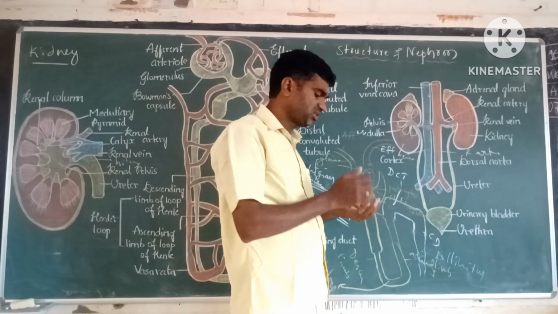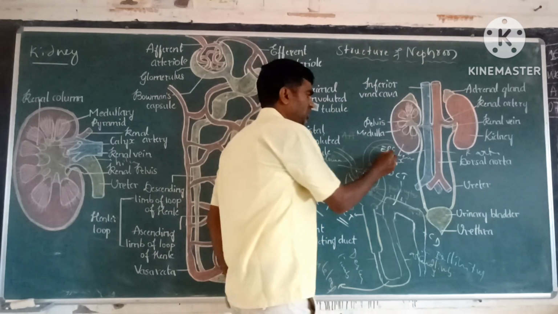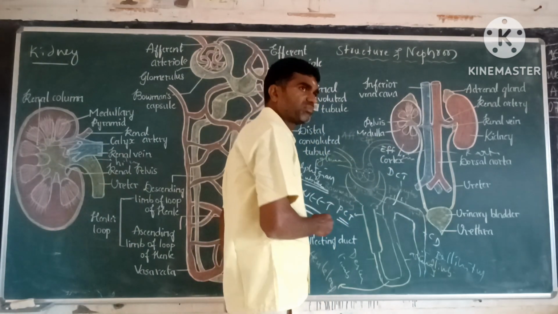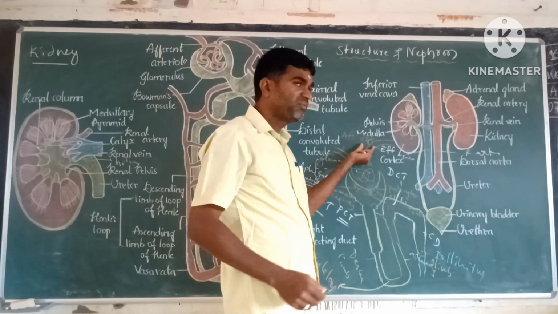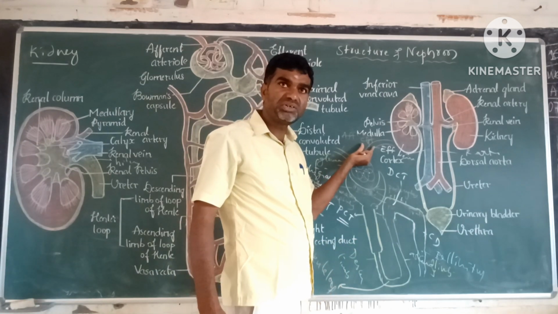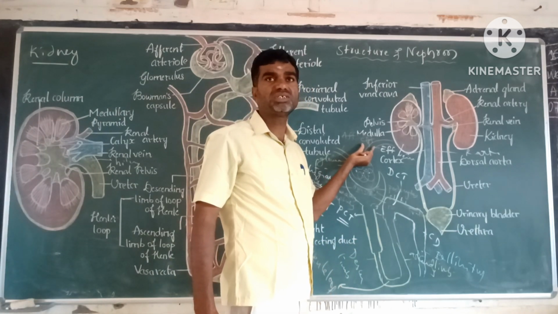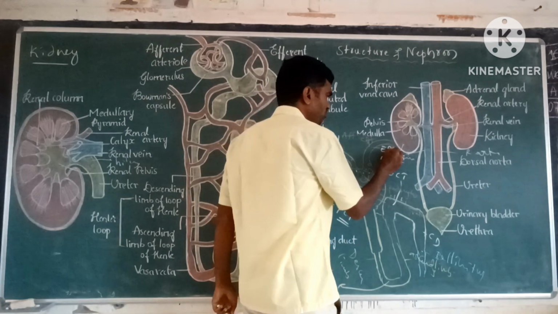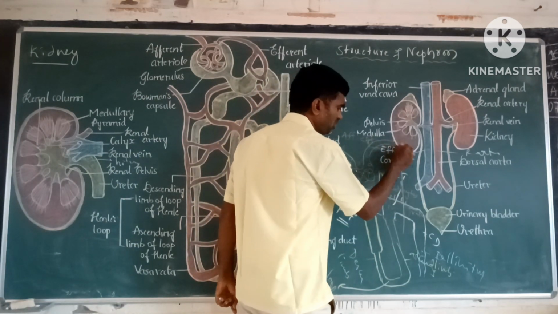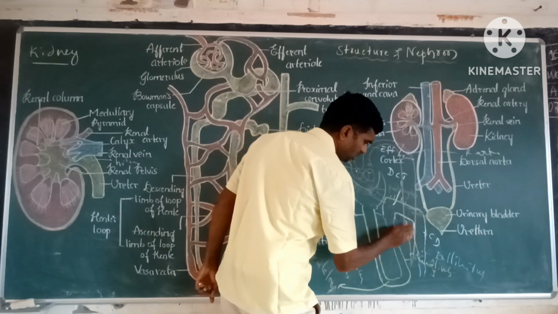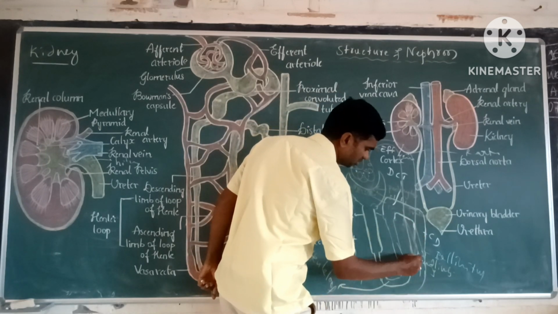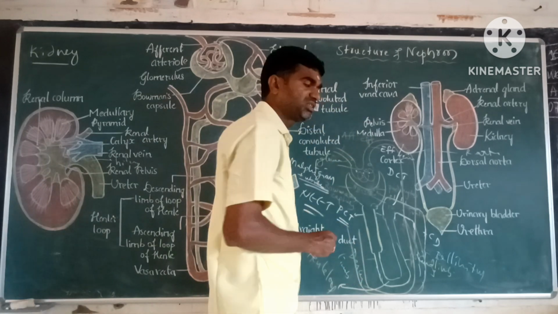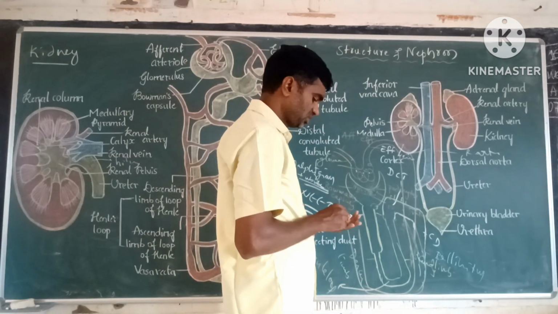And the next part is the efferent renal arteriole. From the efferent renal arteriole, a peritubular network-like structure is formed here. Blood is coming through here.